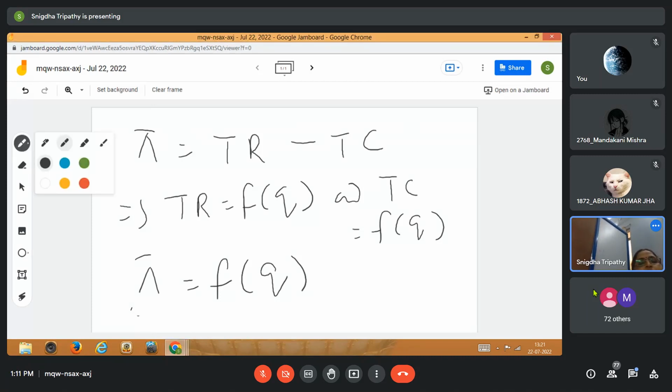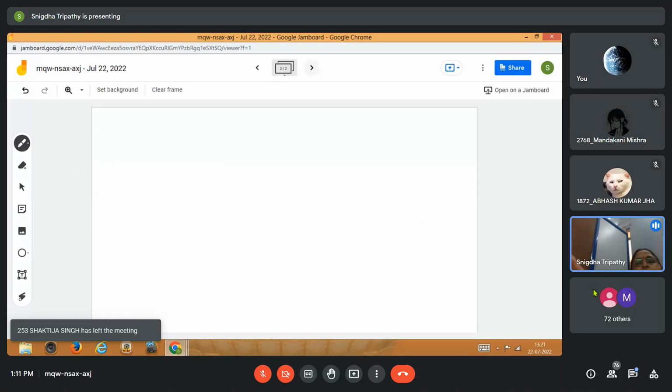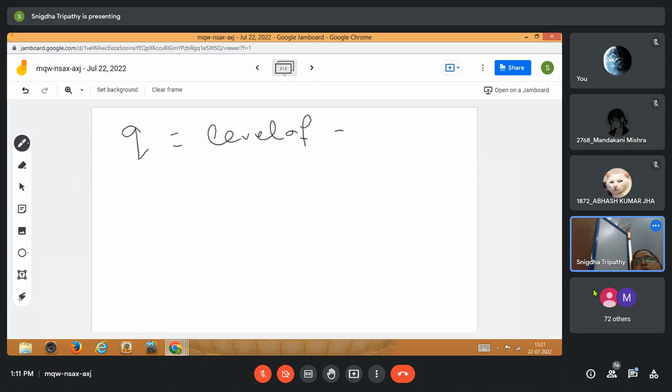For simplicity I'm saying Q is the level of output, because once output is produced, only then will that product be sold.